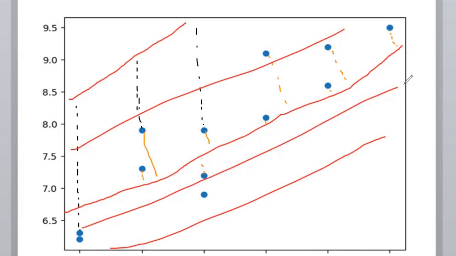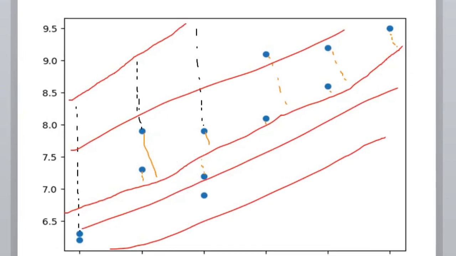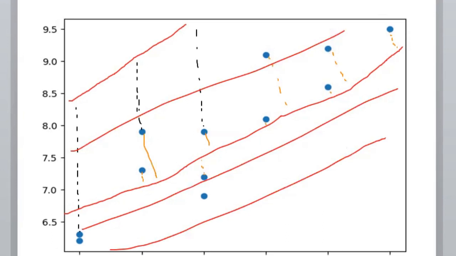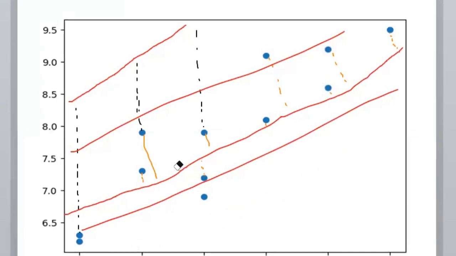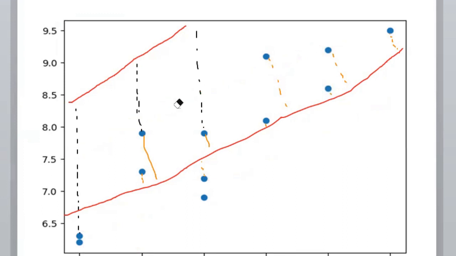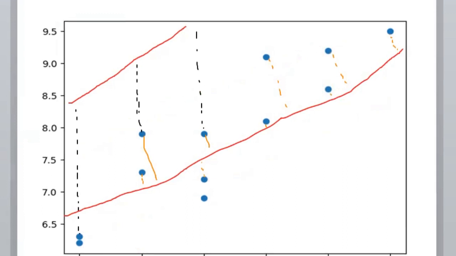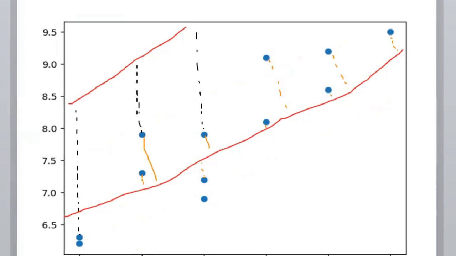So the line at which the distance of the data points is least will be the line of best fit. I will remove the unnecessary lines here, and on the present two lines, I have explained how we calculated the distances.